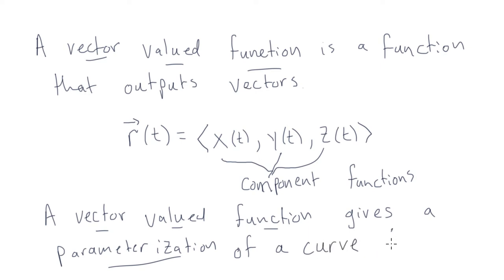Again, this is either in space or in the plane. Of course we could have vector valued functions with just two component functions, x and y, if it was in the plane. If it was in space, it'll have three: x, y, and z. I already mentioned that vector valued functions can trace out the path of particles. They can also be thought of as giving parameterizations of curves.